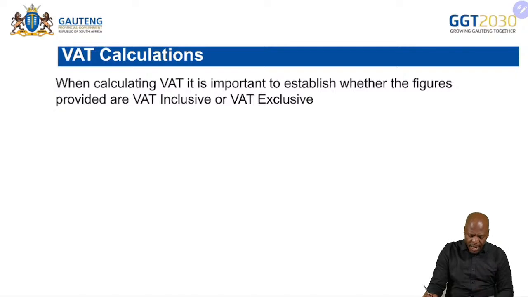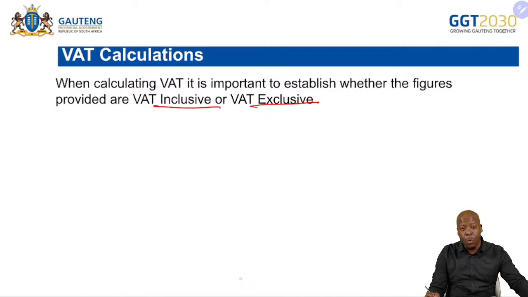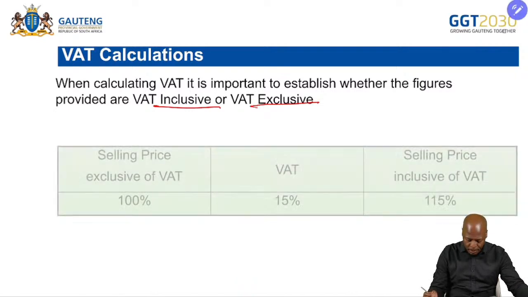When calculating VAT, it is important that we establish whether the figures provided are either inclusive or exclusive. That will give us an advantage. Once we know if our amounts are VAT inclusive or VAT exclusive, we are then able to know exactly which figures to use when we calculate for the VAT.